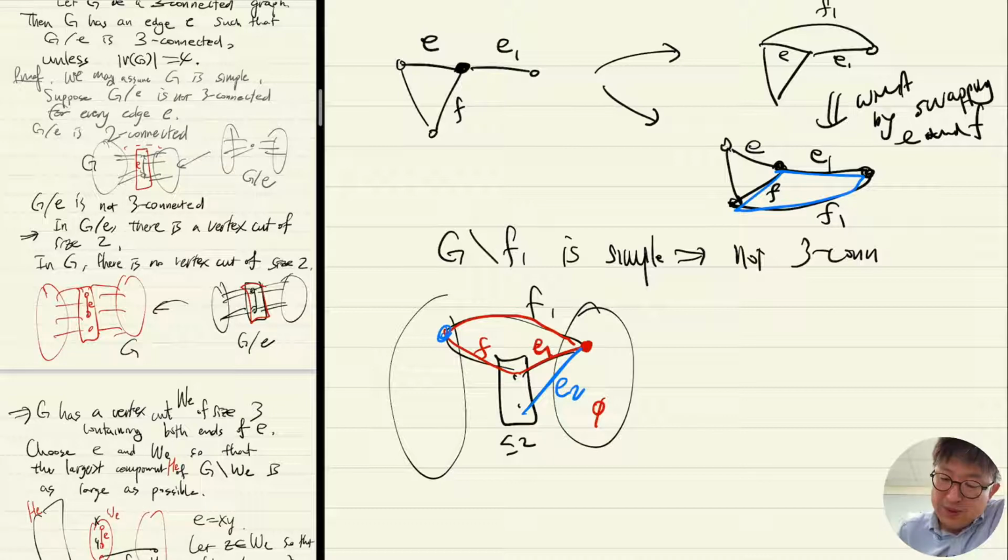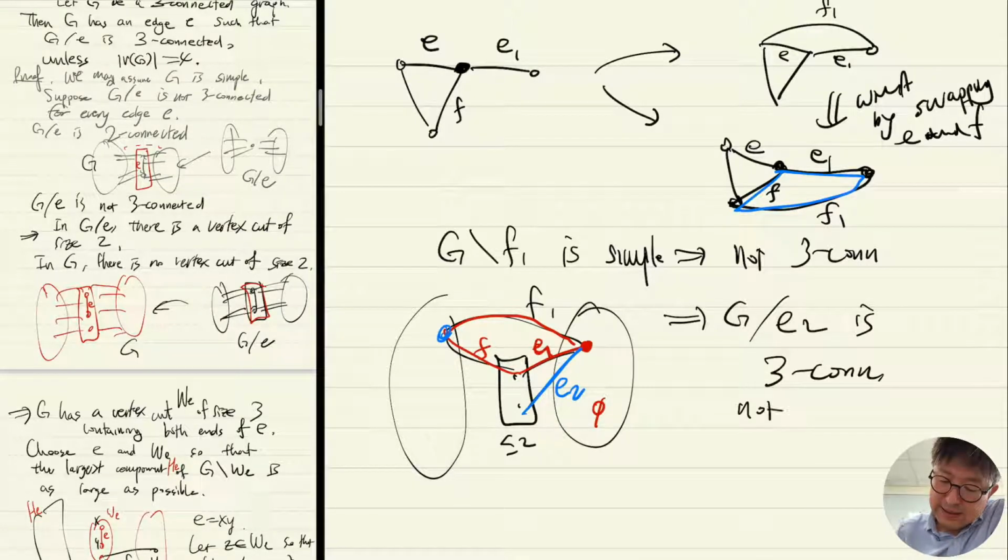So by the same logic, we deduce that G contract E2 is 3-connected, but not simple.